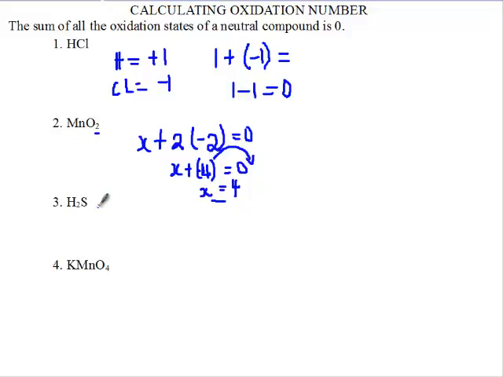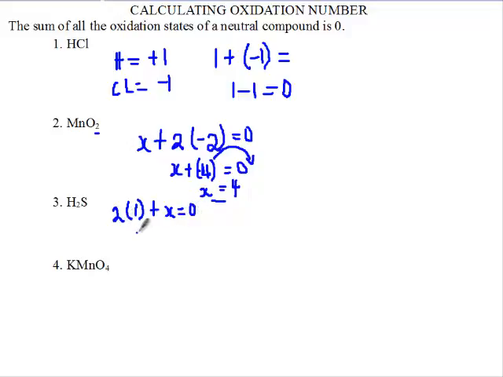Now let's see that for the hydrogen sulfide. Hydrogen always has a charge or an oxidation state of +1. And that of sulfur we do not know. And since it's a neutral compound, everything is equal to 0.